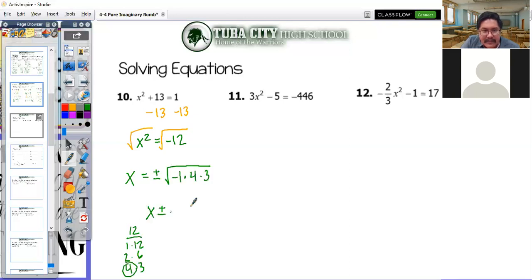So let's see, take the square root of 4, which is 2. Oh, I accidentally put, I should have put a better equal sign here. So equals plus and minus. Now I can go ahead and put 2 and then i, because negative 1. And then the 3, we can't do anything about that. It's not a square number, and I can't break it down anymore to see if I can make any square numbers out of it. So it's just going to have to stay in there.